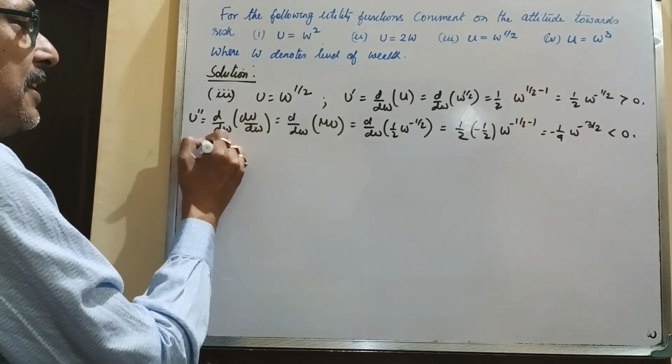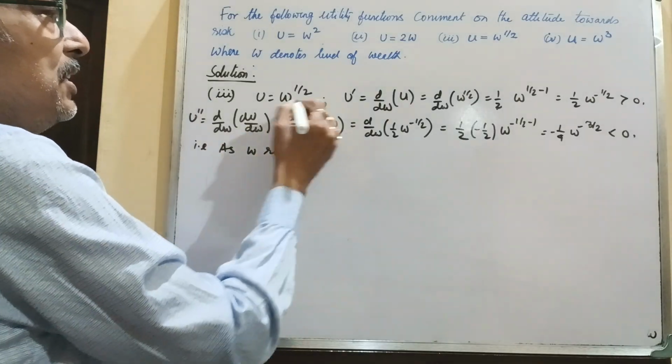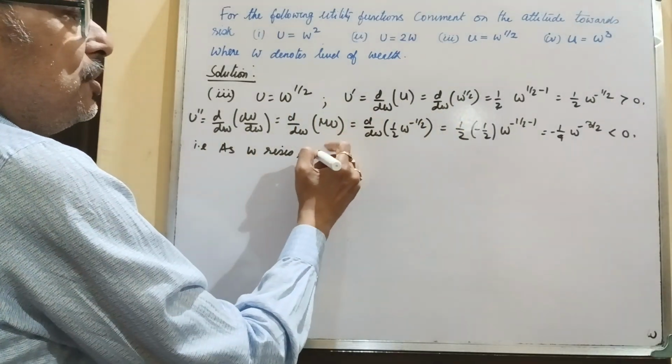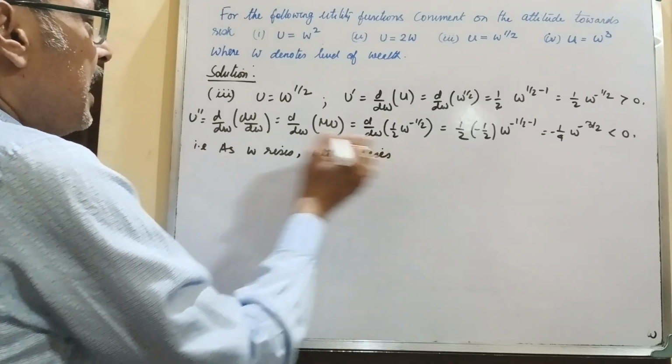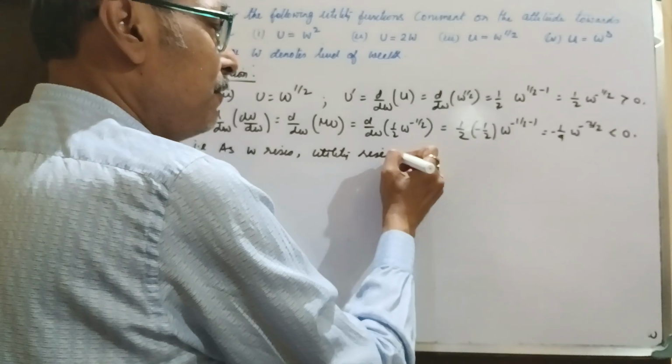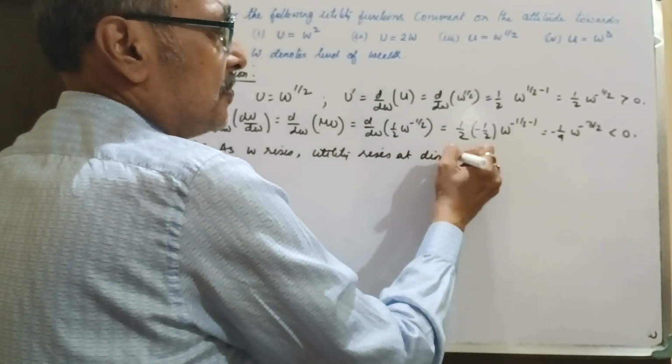That is, as w rises, u prime is positive, utility rises, and u double prime is negative, so it rises at a diminishing rate.